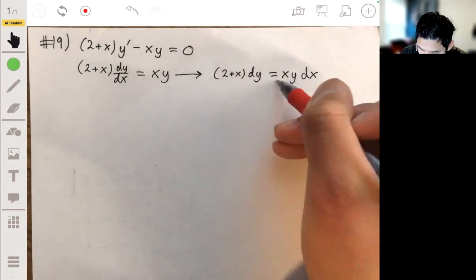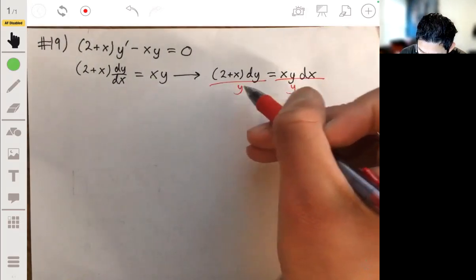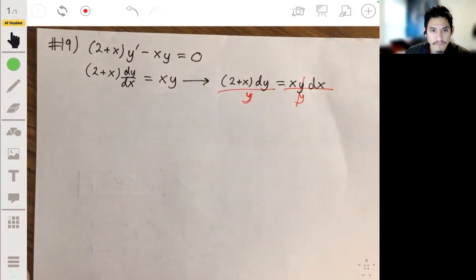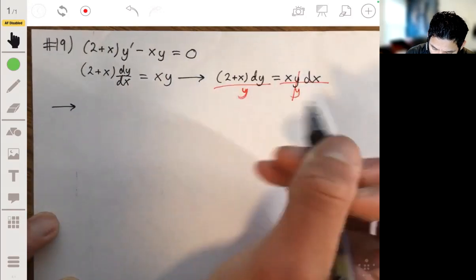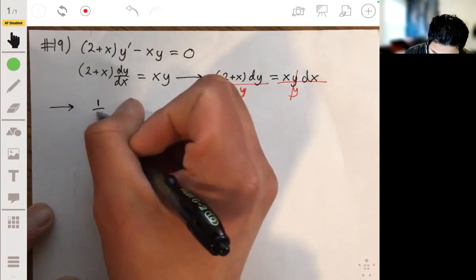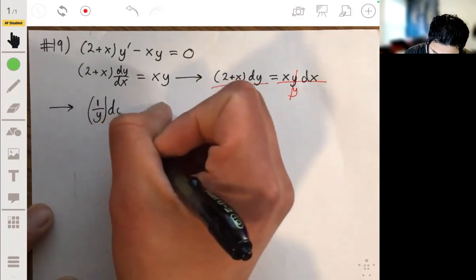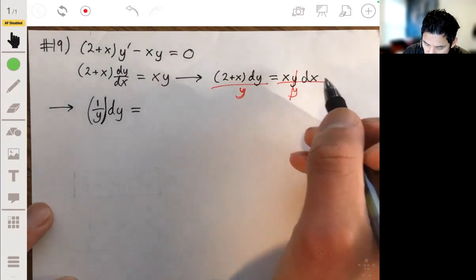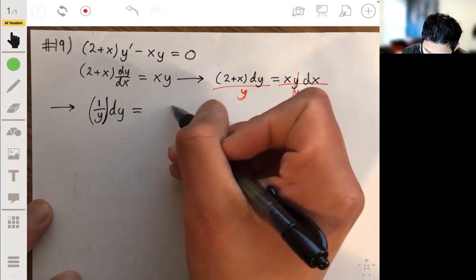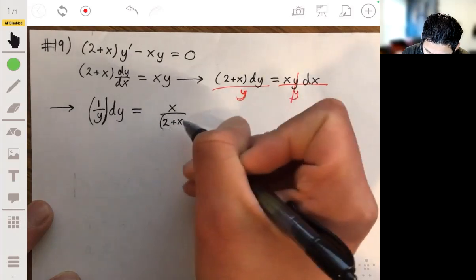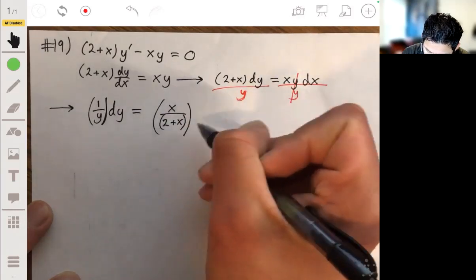And then divide each side by y. And then divide each side by 2 plus x. And then on the left, you'll get 1 over y dy being equal to x over 2 plus x dx.